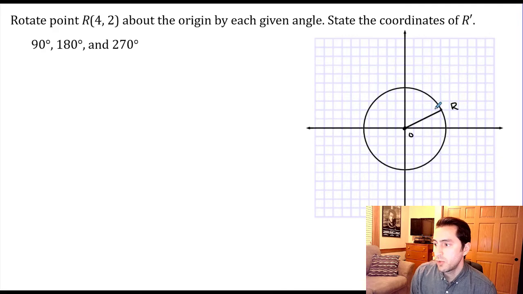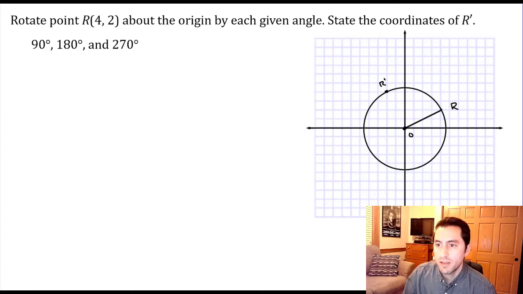So I'm going to rotate this counterclockwise. In general, I know I'm going to end up somewhere over in this quadrant here. I'm going to use my slope to figure out where this point is going to be. So the slope of -2, just working my way backwards, and I end up with a point right here. This is going to be my first R prime.